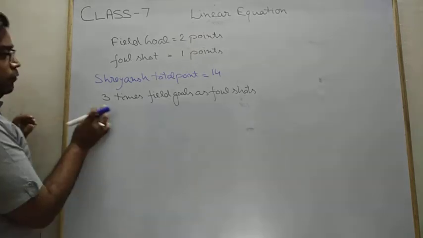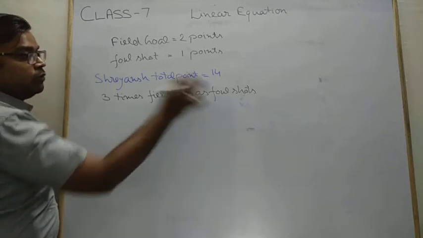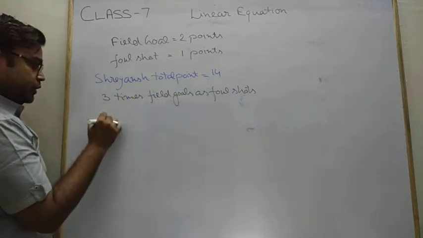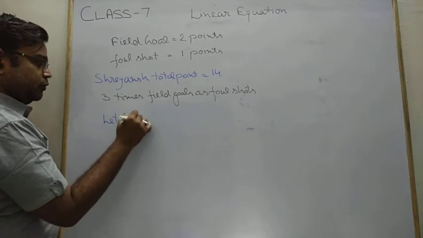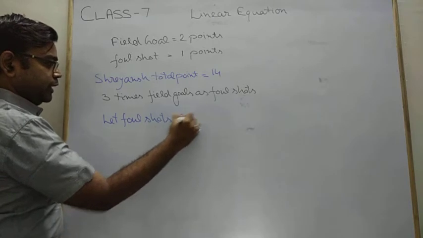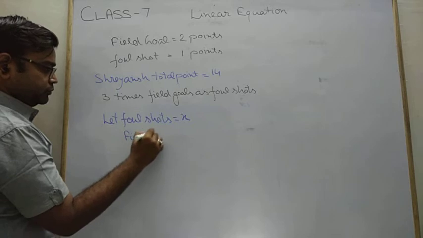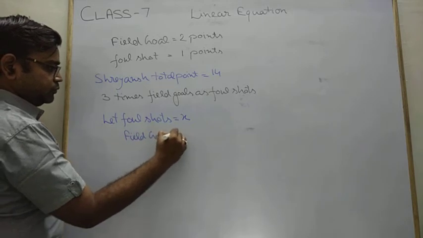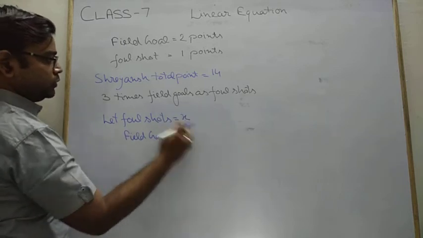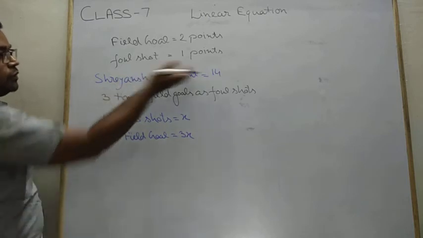So we start from our solution part. 3 times field goals as foul shots means foul shots are smaller, so we start from this. Let foul shots equal x, then field goal shots equal 3 times, 3x, and the sum of these two is 14.